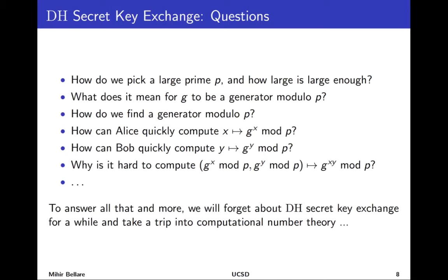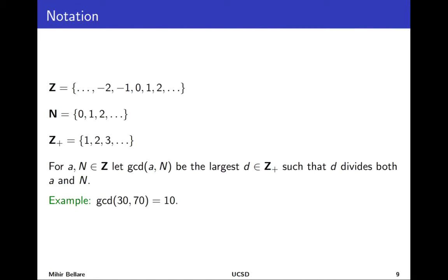Why is the security property true? Why is it that the adversary, given the exchange flows, has a tough time computing the key? So it's stuff like this that we're going to answer with our little foray into number theory. Now, the math in number theory, I think, is fairly simple, and it begins in a fairly dry kind of way.